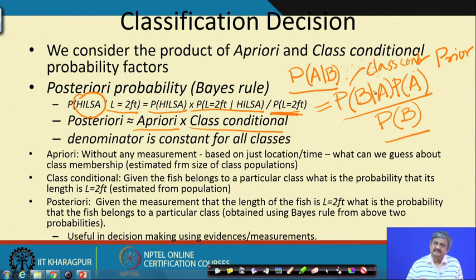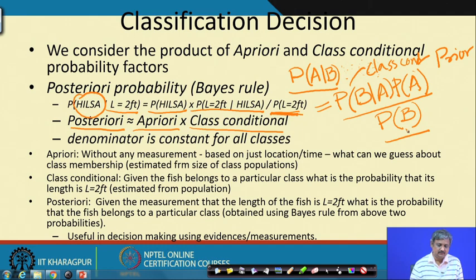I use the class conditional, that is the distribution of length of all Hilsa fishes, multiply by the prior probability of a random fish being Hilsa, and I get the posterior. All right. So, I have written down the definitions. Class conditional is this, prior is this, posterior is the product divided by a constant factor for each of the classes.